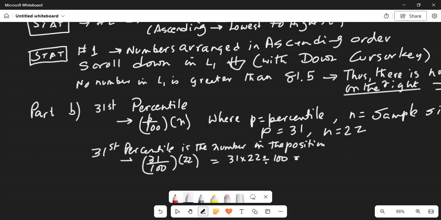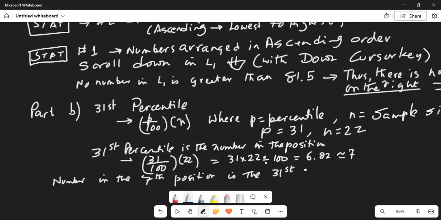Let's do that. 31 times 22 divided by 100 is 6.82. Since this is greater than 6.5, round it to the 7th. So the number in the 7th position is the 31st percentile when the numbers are arranged from lowest to highest.